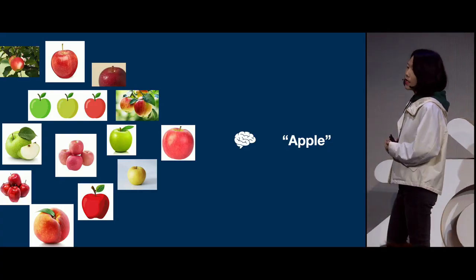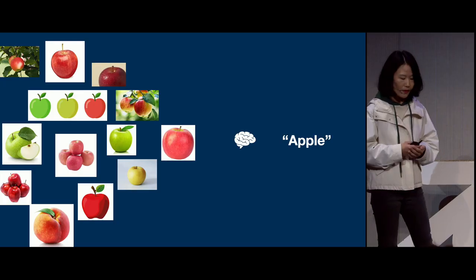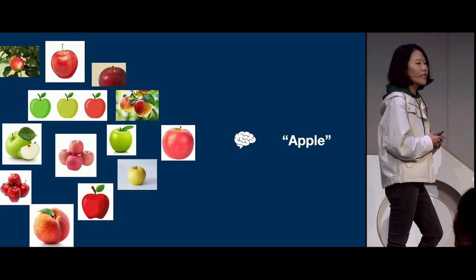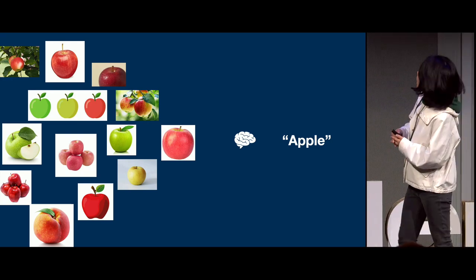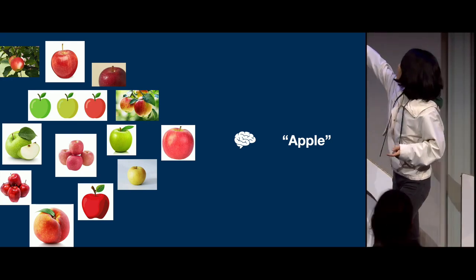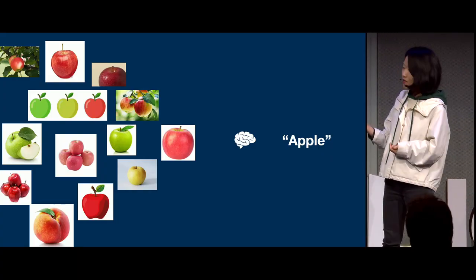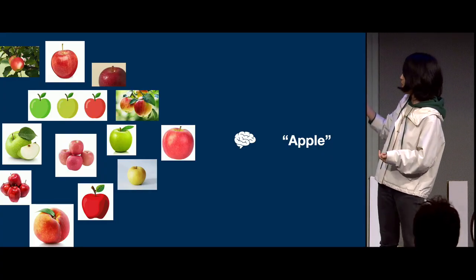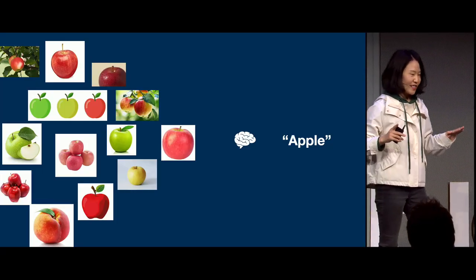So firstly, if there is data, there is a model. If no data, no model. And the second thing is that data quality is very important. For example, in this case, what is this? Yes, for us human beings, it's very easy to tell this is a peach rather than an apple. But unfortunately, our AI didn't know that.